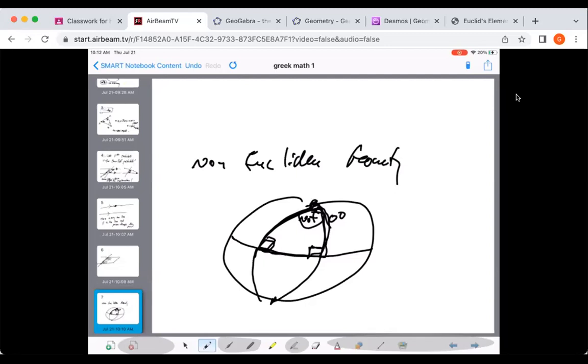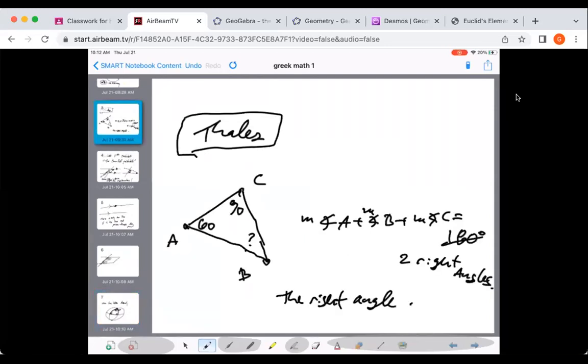Non-Euclidean geometry is used in modern physics to describe relativity and things like that. So Euclidean geometry is true in an idealized world where everything is on a plane, but it's a great starting point for these other things.